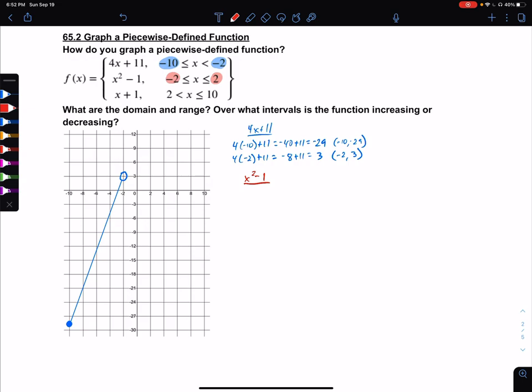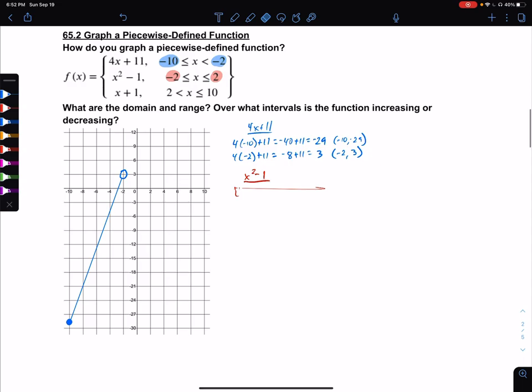So here I would say negative 2 squared minus 1. So that would be 4 minus 1, and that would be equal to 3. So we have the point negative 2, 3. It's going to be a closed circle there. So we want to be right at that negative 2, 3, and I'm going to put this closed circle here just to fill in what happened before.